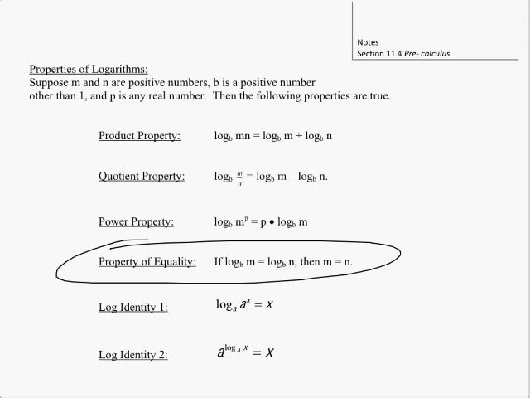For the properties of logarithms, this is the second part of the notes. In these problems, the arguments are m or n. And notice that it says, suppose m and n are positive numbers. So it has to be positive. Your arguments have to be positive for these properties to work.